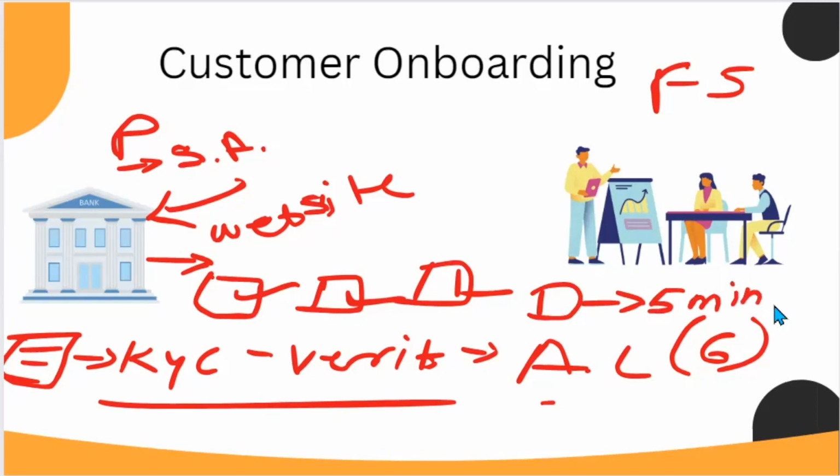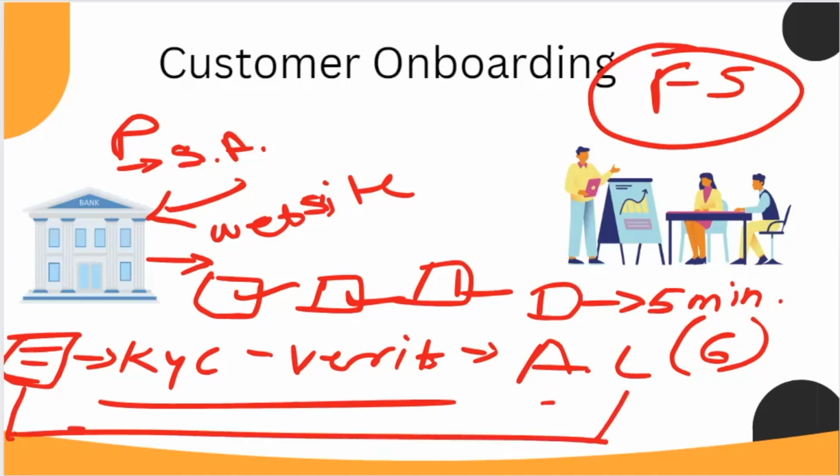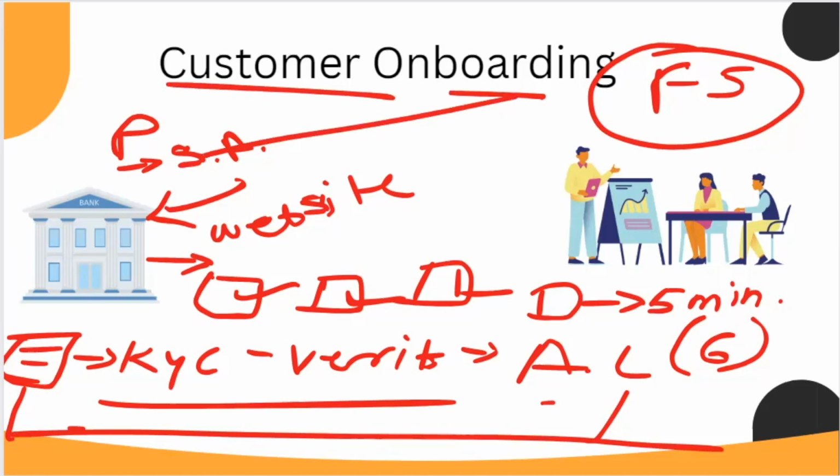A few banks allow account opening with mobile also, and that can also be done from the FSC. So this process from filling up the form to opening the account is called customer onboarding. It means the customer is onboarding on a particular bank. So this is one flow which is used for customer onboarding.